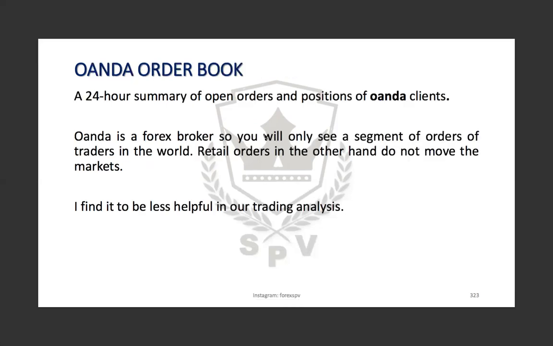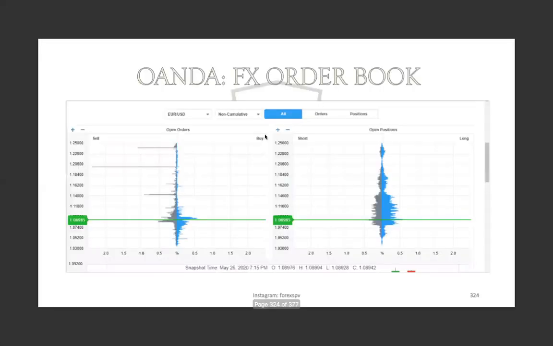We have the Rwanda order book. The order book shows a 24-hour summary of open orders and positions of Rwanda clients. So Rwanda is basically a Forex broker. When you look at the order book, this was EURUSD. So price was at this point, and we have a number of longs, number of shorts.